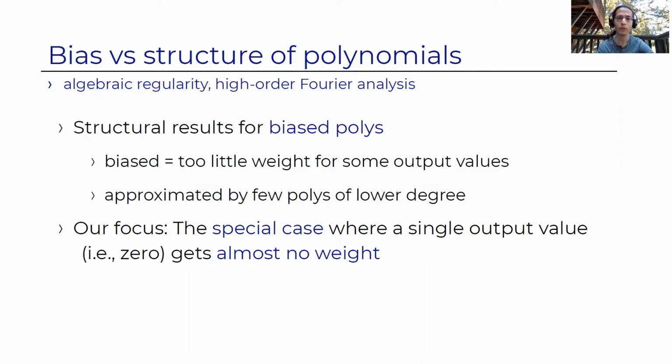But I want to note that our focus is again a special case. We care about biased polynomials too, but only about biased polynomials with a very specific pattern of bias. We care about polynomials in which a single output value has almost no weight. So again, a potentially easy special case.